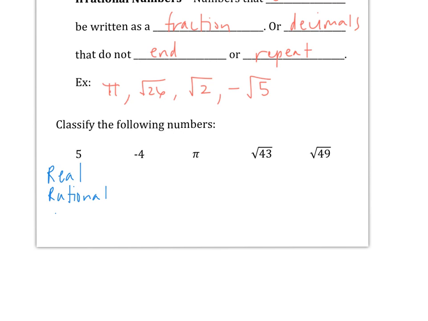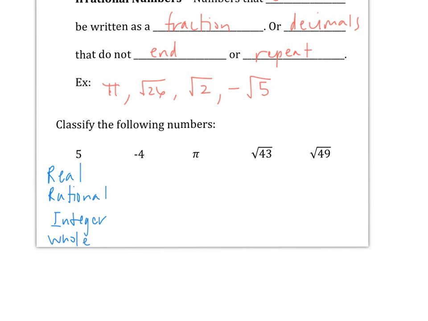It is also an integer. And it is a positive 5, so it is a whole number. And again, whole numbers are only positive. Those do not include negatives. We talked about whole numbers a little bit when we spoke about integers. Integers can be negative and positive, but whole numbers are only positive.